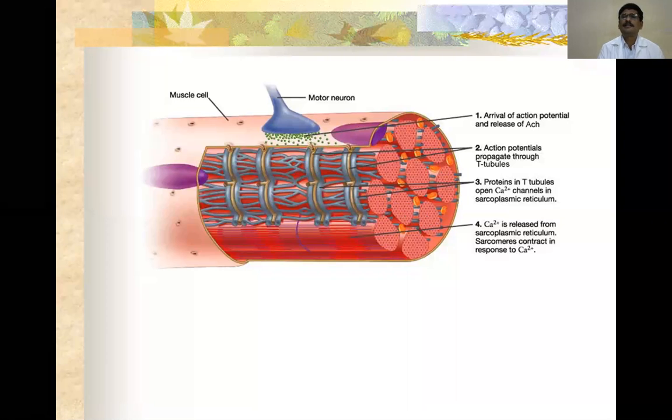Troponin is a button-like molecule which gets attached to actin on one hand and tropomyosin on the other hand, and it also has a binding site for calcium. Troponin has three subunits. There is troponin I, with which it attaches to the actin, the two strands of F-actin, fibrous actin.